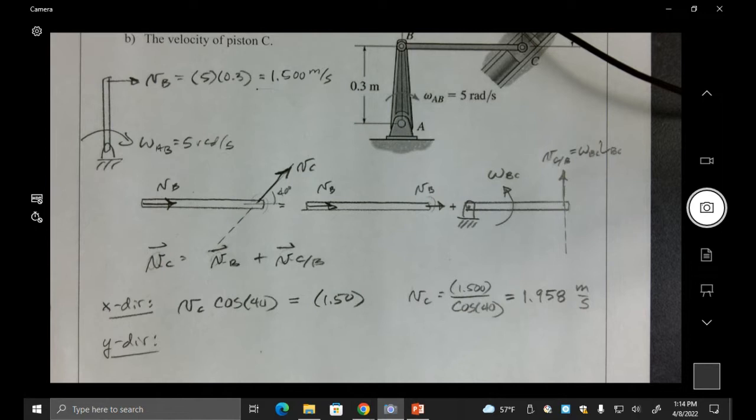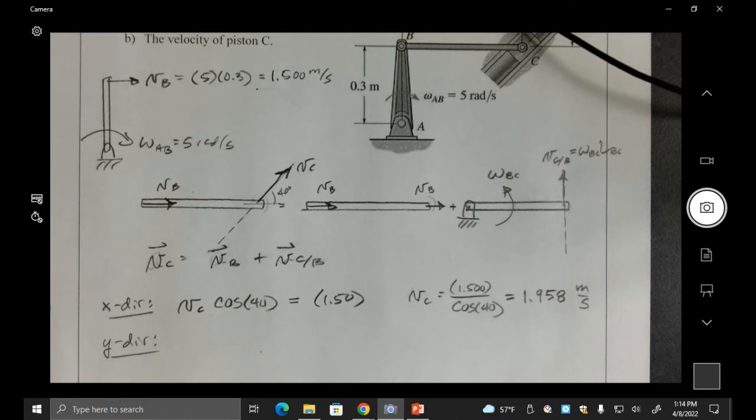Can you just explain real quick, on the last diagram, the rotational motion one, why is BC with respect to B just drawn upwards? Just because that's the velocity due to the rotation? Yes. In the third diagram, we pretend it's in pure rotation, and in that pure rotation, it has to be perpendicular to the link.